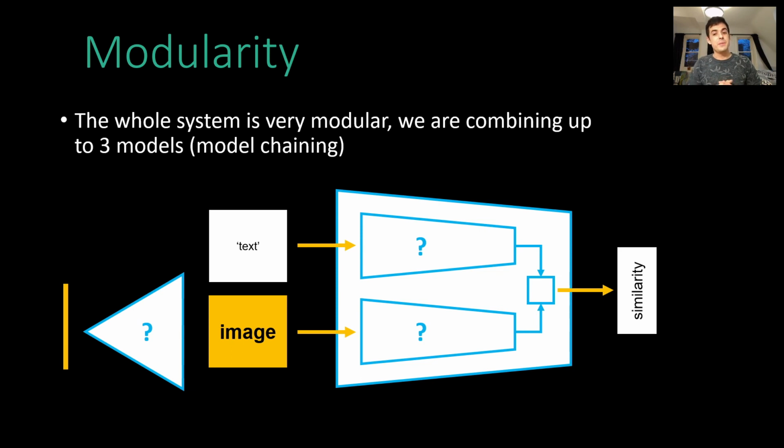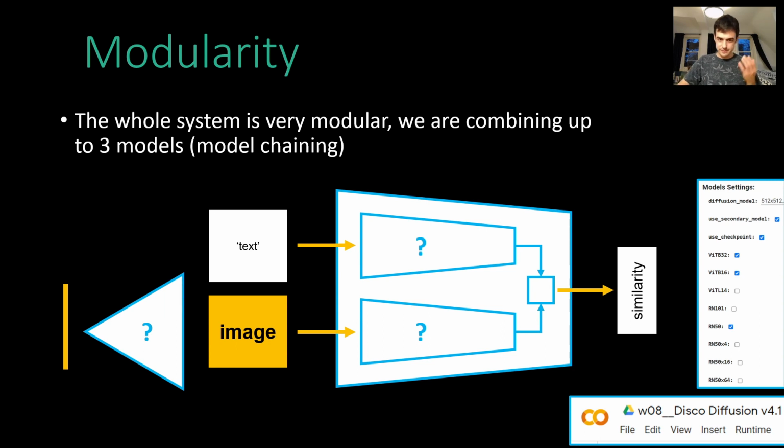And there are some consequences with this. The selection of these networks, if you know a little bit about the different notebooks that you can use for text to image generation, or later in this class when we will be playing around with this notebook, you will notice that it is a selection of different models that we can use.